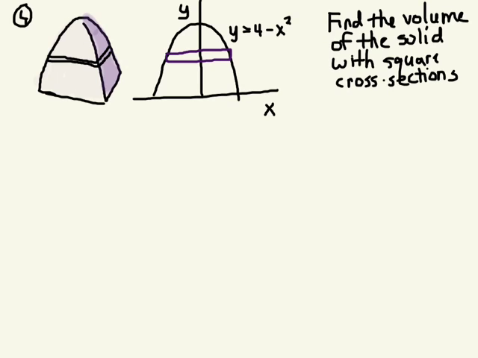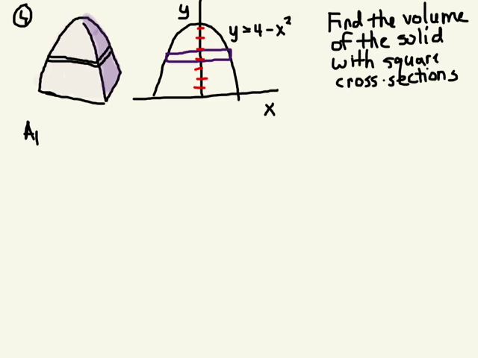Alright, so since the cross sections appear when we slice it parallel to that flat bottom, this is as though we're doing a partition along our y-axis, and so we want to be able to think about how would we calculate a volume based on that partition. And so our approximation would first involve doing something like a Riemann sum.